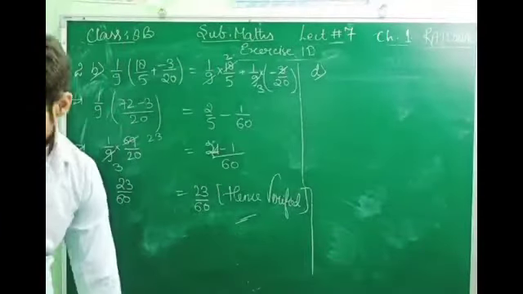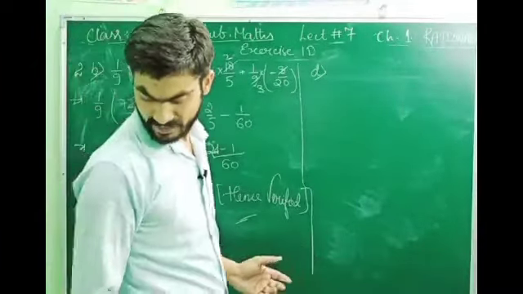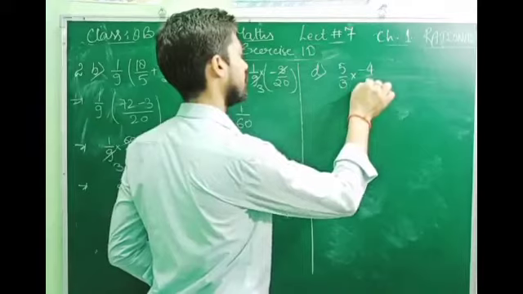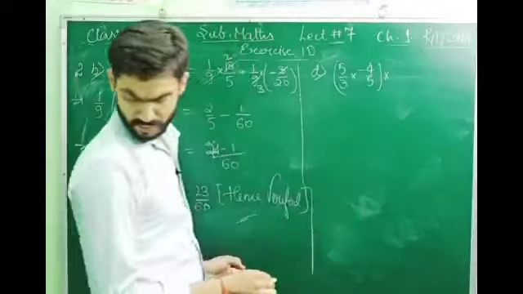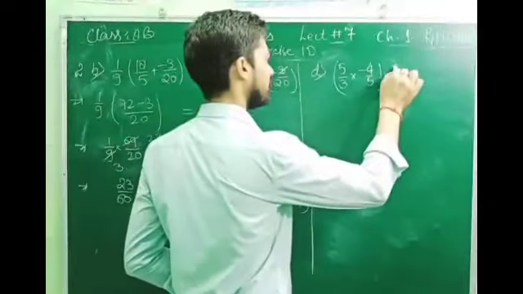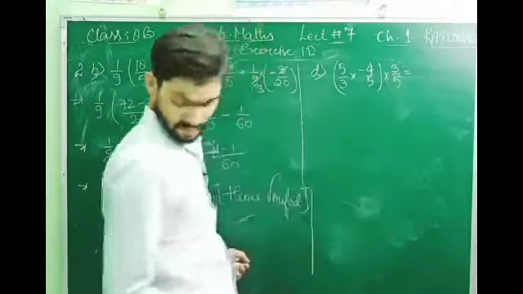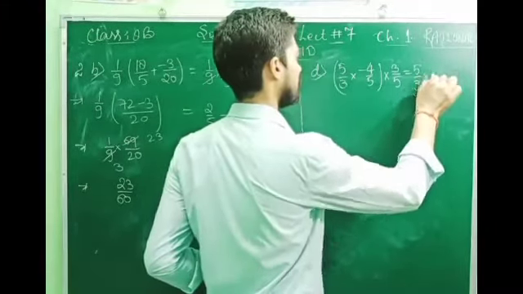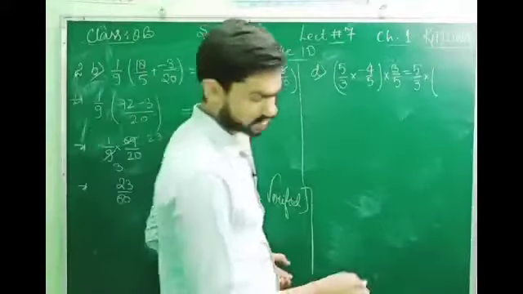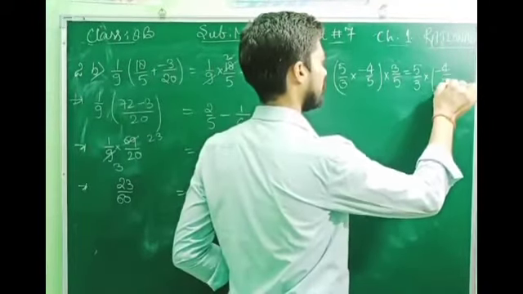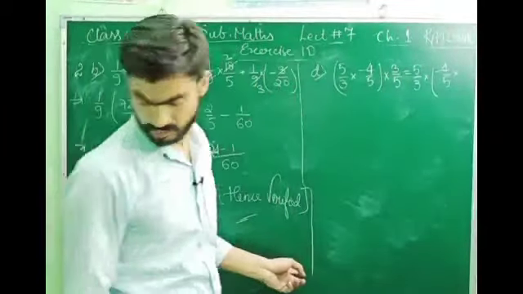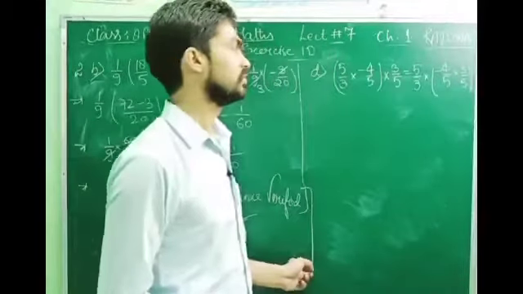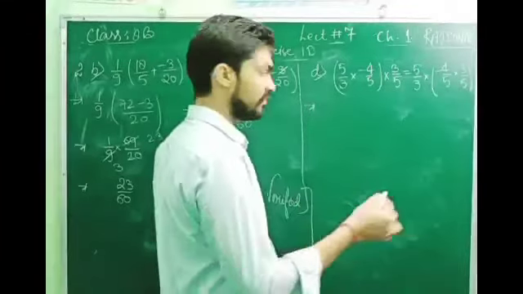D is 5 by 3 into minus 4 by 5 multiplied by 3 by 5 is equal to 5 by 3 into minus 4 by 5 into 3 by 5. Now solve it. Verification.